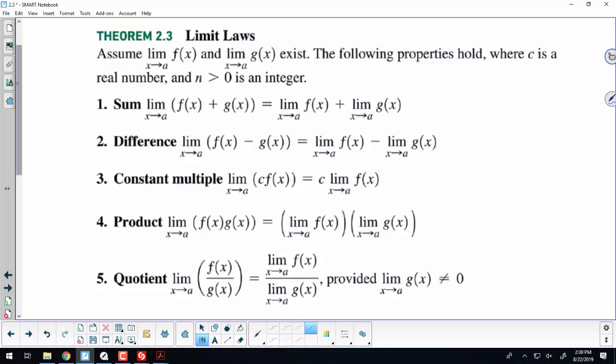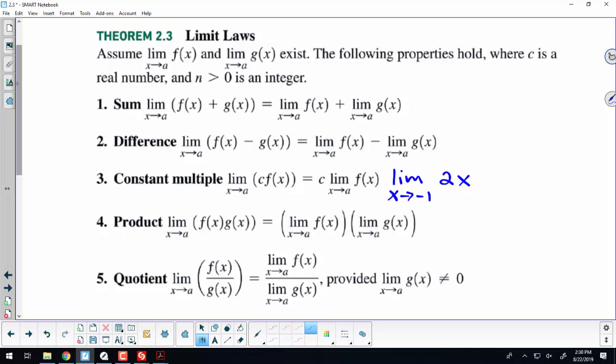3 deals with constant multiples. So if we have a constant multiple times a function of x, again, we can just think about the limit as x approaches. That's just operating on things that involve an x. Okay, so if I have the limit as x approaches -1 of 2 times x.